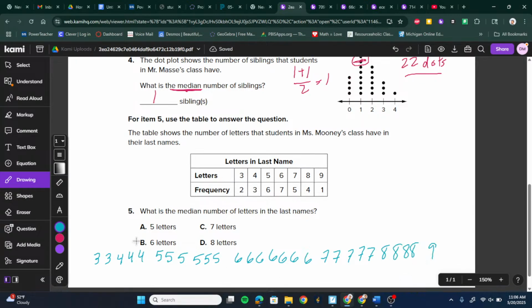If we count these numbers, there's 28 numbers, we want the 14th and 15th. Right there, that makes our median 6.